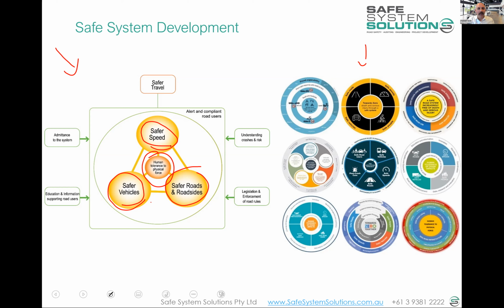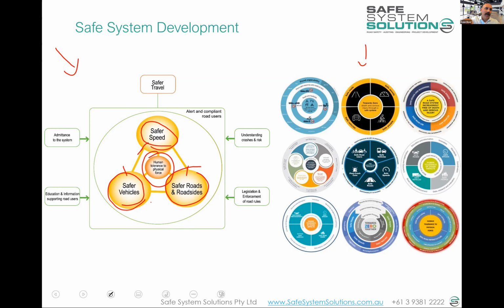Industry started dividing, with one camp saying, yeah, we need alert and compliant road users who are following the rules and not making mistakes. And there was this other group that was saying, well, hang on. These are humans, they're going to make mistakes, they're going to fail, and our system should be catering for that and managing it within what we can control, being the roads and the roadsides and the vehicles and the speeds. So we're going to account for this failure.